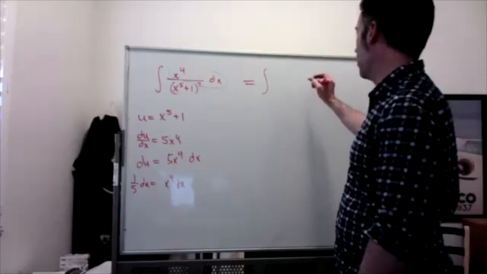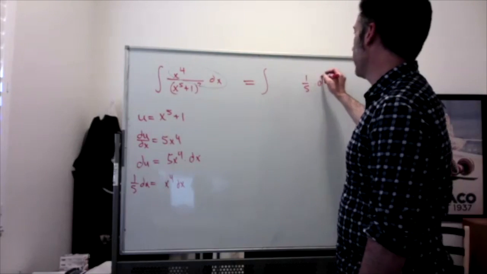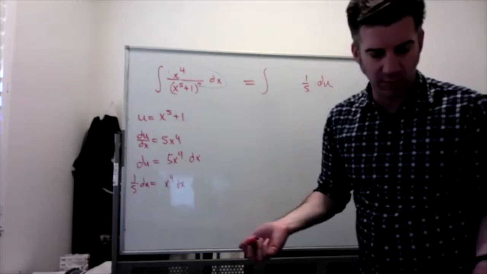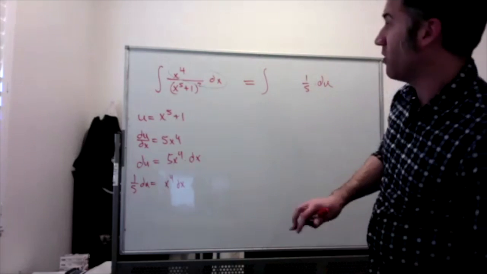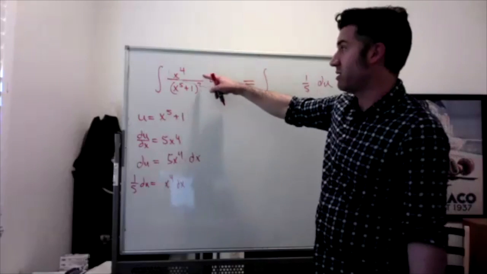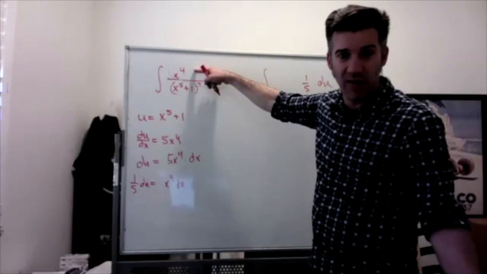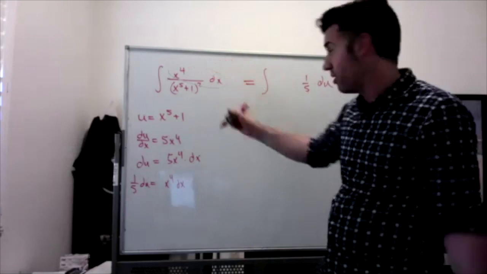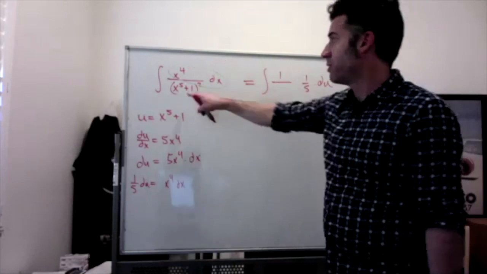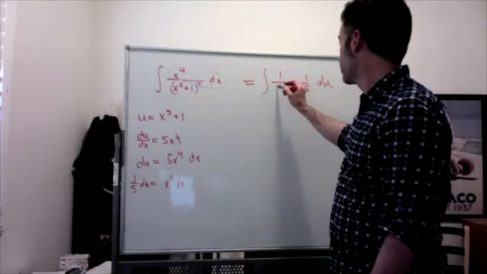And we usually write our du at the end because that's typical. Okay, now that I've dealt with that, let's deal with the rest. There's a 1 up there, right? If you factor everything out, I have a 1 over u squared.